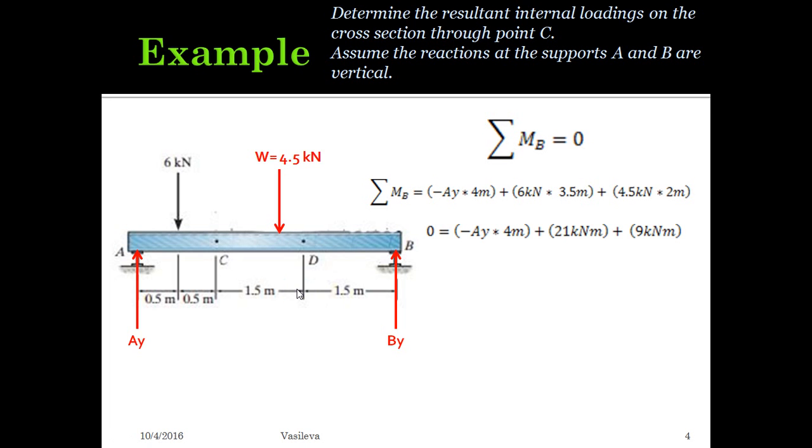So in the end, once we solve, we end up with AY is 7.5 kilonewtons. I got positive 7.5, that means the way that I drew AY originally is correct. So it's going to be 7.5 kilonewtons pointing upward.